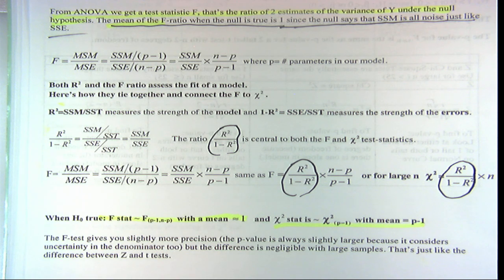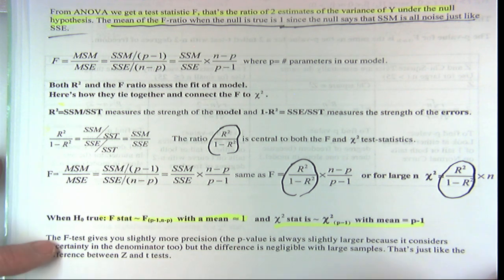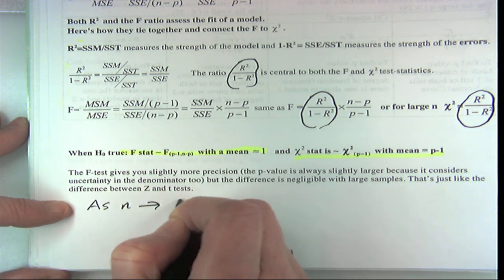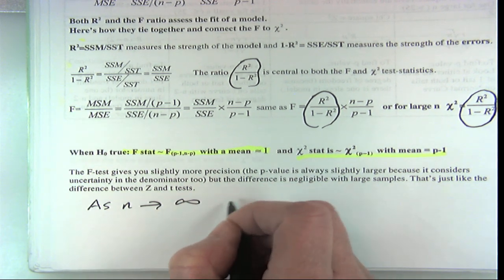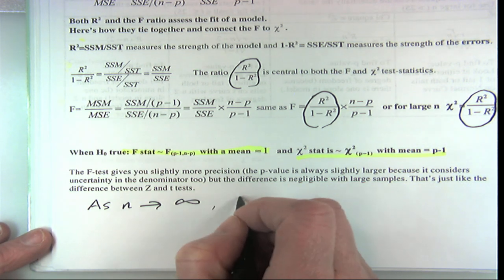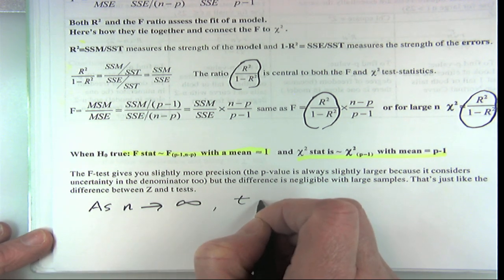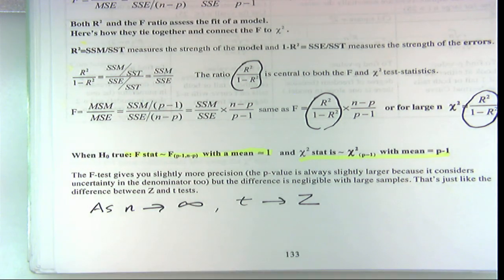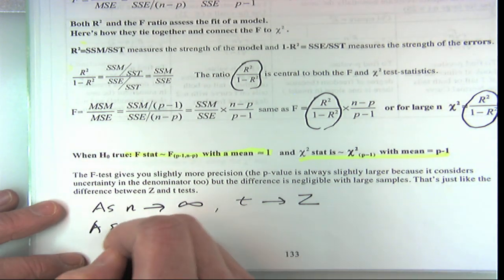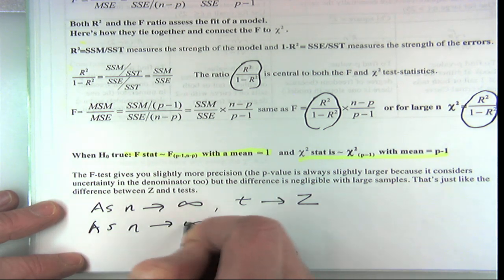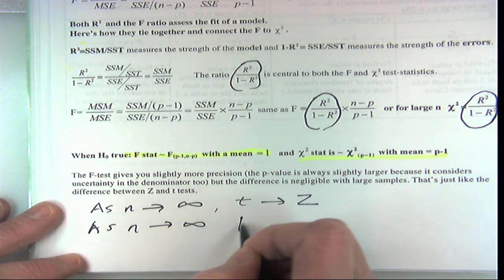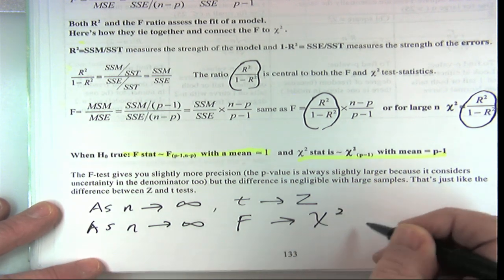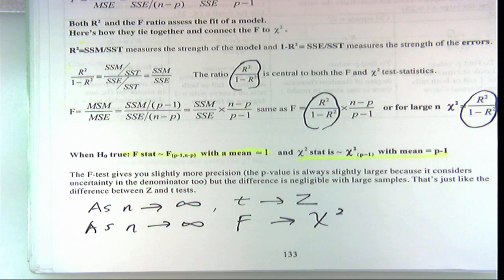But for large n, I should say this. Okay, so as n goes to infinity, what do we know? We know that t starts looking very much like z, right? And the same thing applies as n goes to infinity: F looks like the chi-squared. It's just the same curve but shifted over.